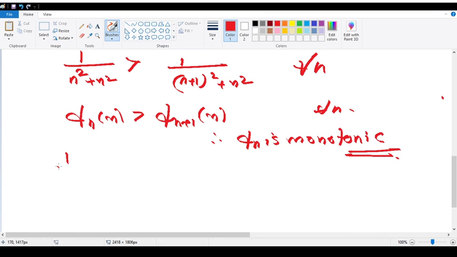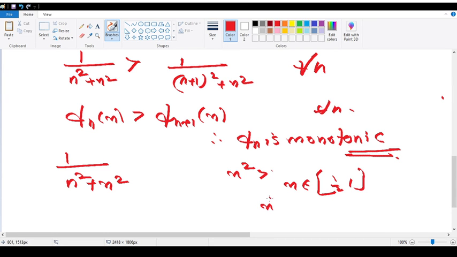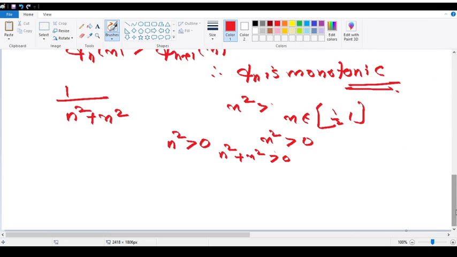So 1 by n square plus x square. x square is greater than 0, since x is an element of half to 1. So n square plus x square is greater than 0, and its reciprocal is also greater than 0.